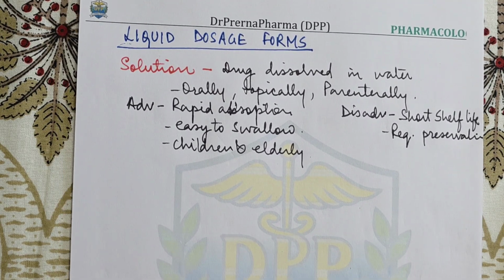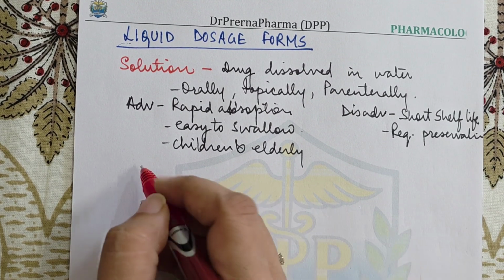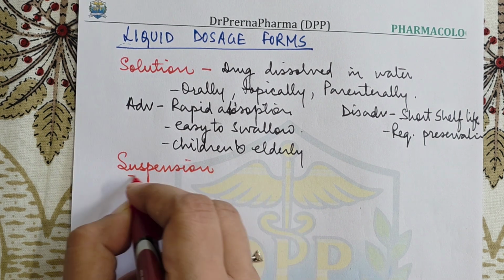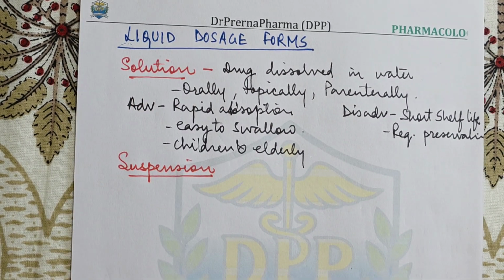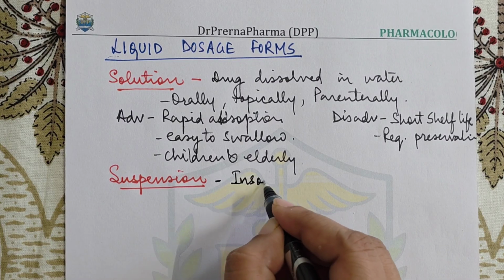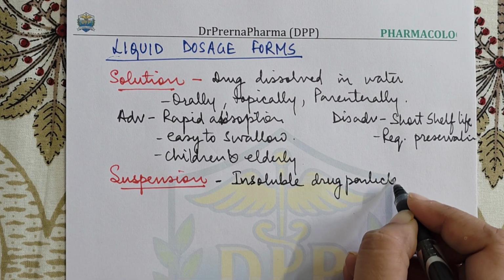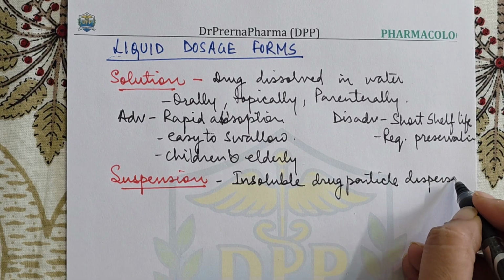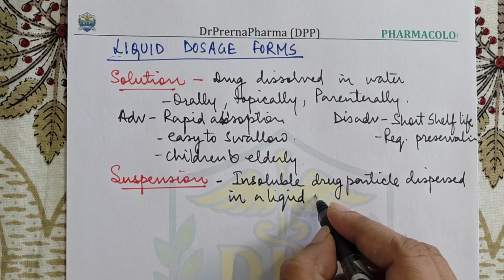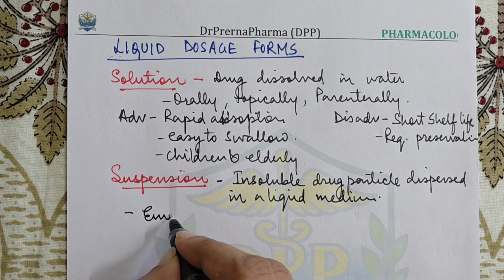Now next in the liquids, we have suspension. So what is a suspension? Now as you all have studied chemistry, you know that a solution is basically when the drug remains dissolved in water, and a suspension is when there are insoluble drug particles which are dispersed in a liquid medium, and here in a suspension usually they remain separate, both the mediums. You must have heard of emulsions.